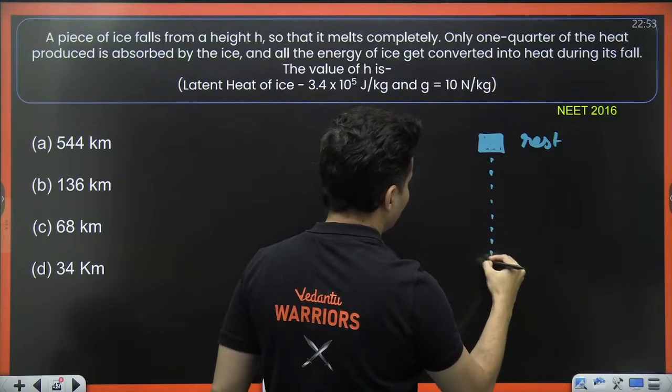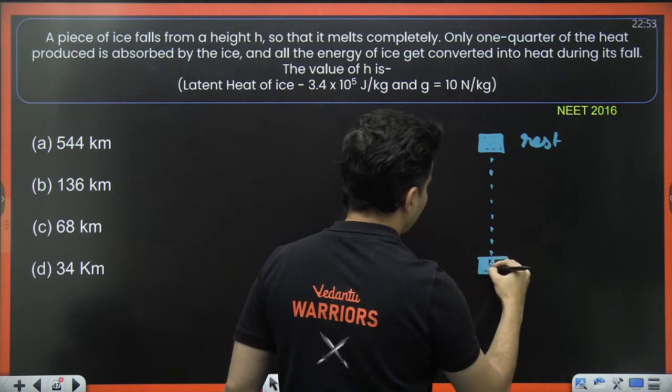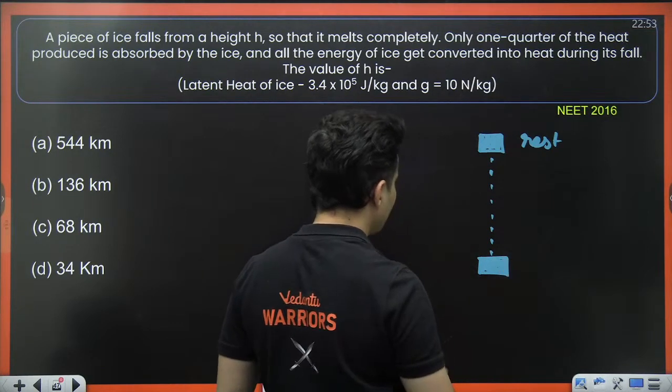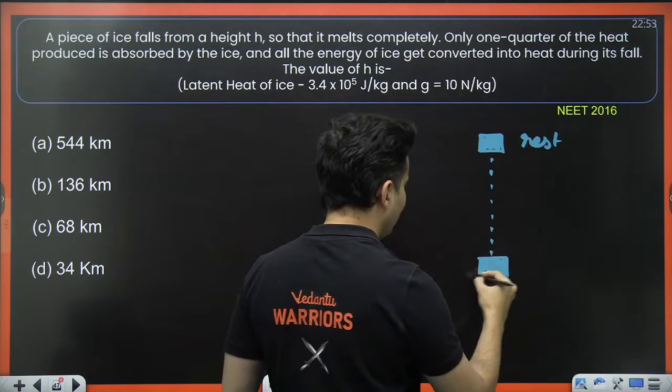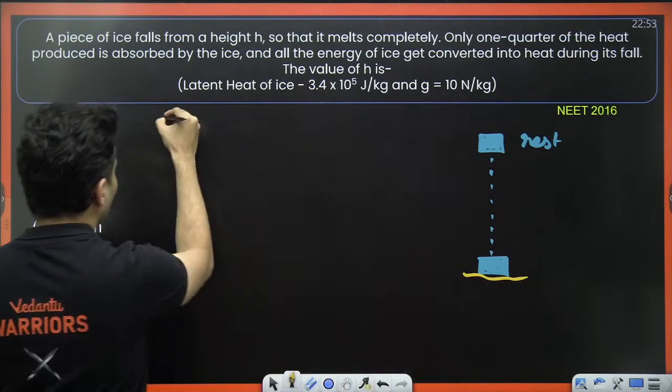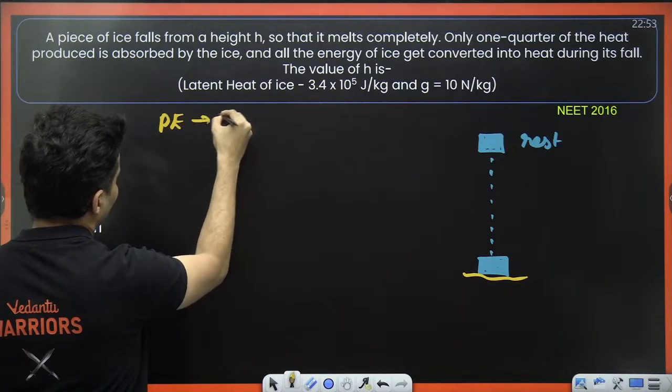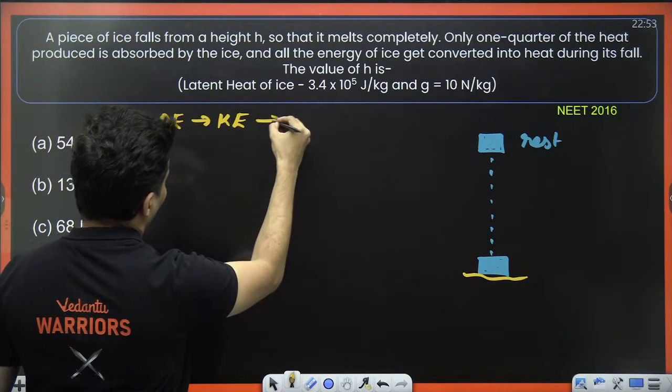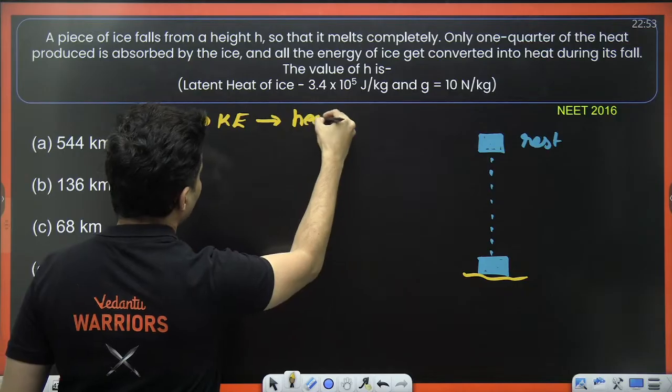It falls, falls, falls. All the energy that it has lost gets converted into kinetic energy, and that kinetic energy finally gets converted into heat. So potential energy gets converted into kinetic energy, and that kinetic energy gets converted into heat.